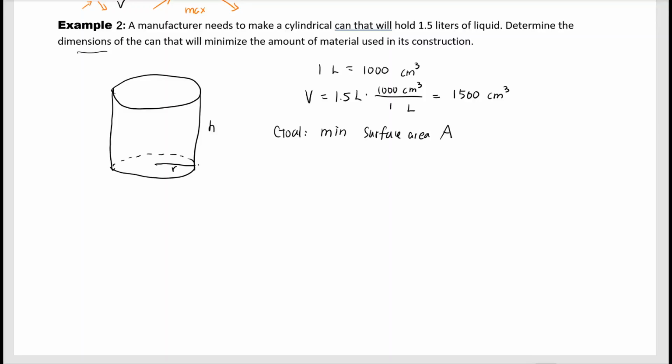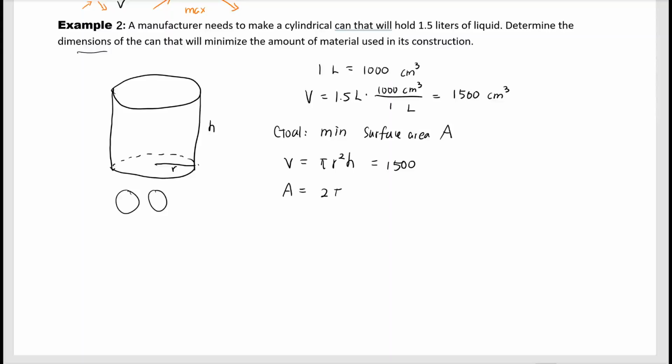The second step, we want to write down the relations. Okay, so volume is involved. Volume for cylindrical can, cylinders, is pi r squared times h. Okay, and we know what is V. V is 1500 cubic centimeters. And then surface area, this is what we're looking for. Okay, so remember cylinders, we have top circle, bottom circle.